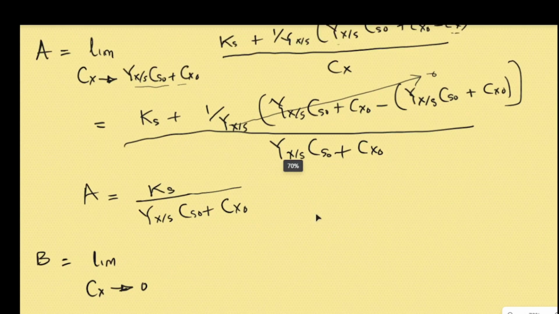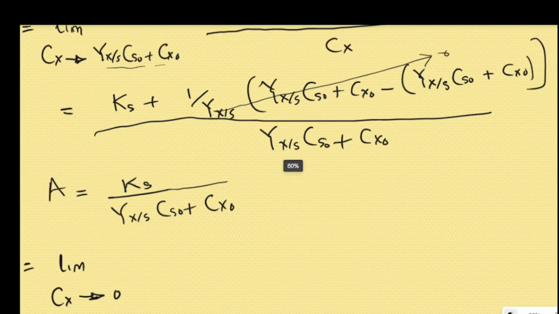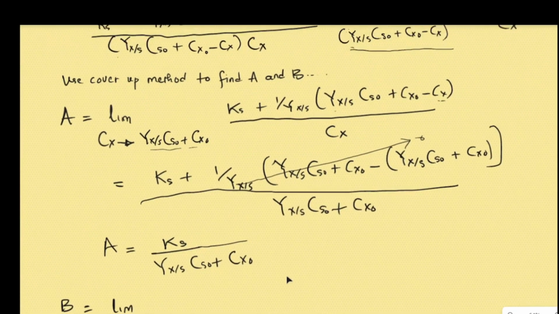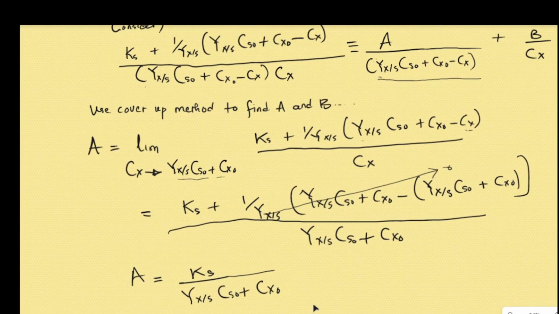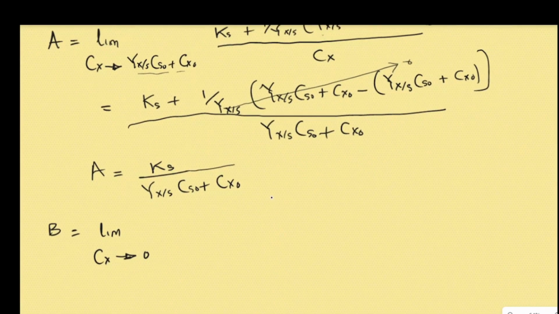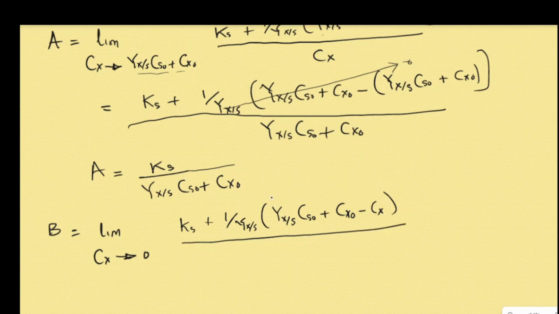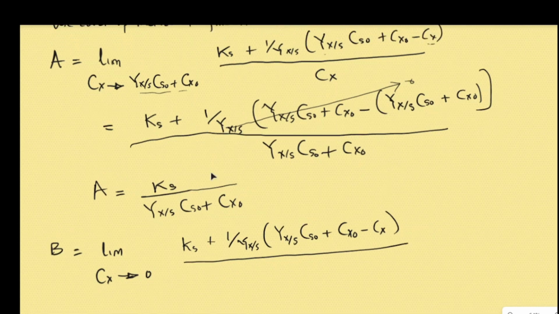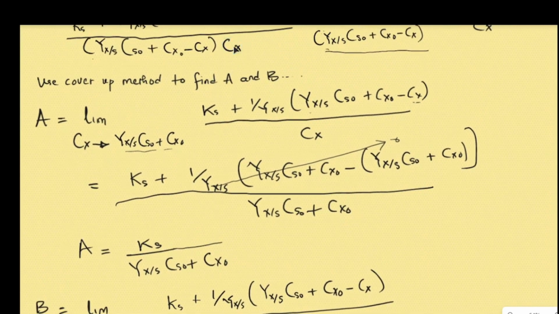Then when you get back to the left hand side, we have our k of s plus 1 all over y x of s into y x of s c s naught plus c x naught minus c x, all over, then the other variable that we need to cover on this left hand side is c of x.